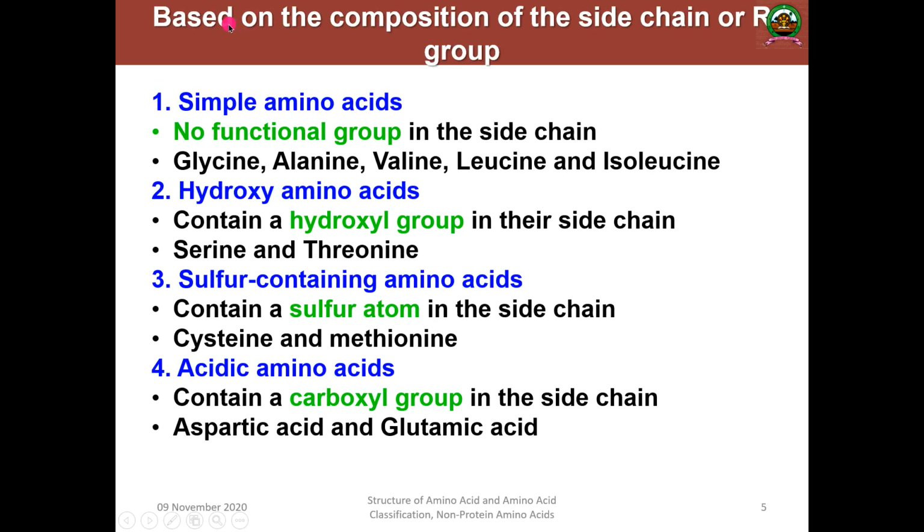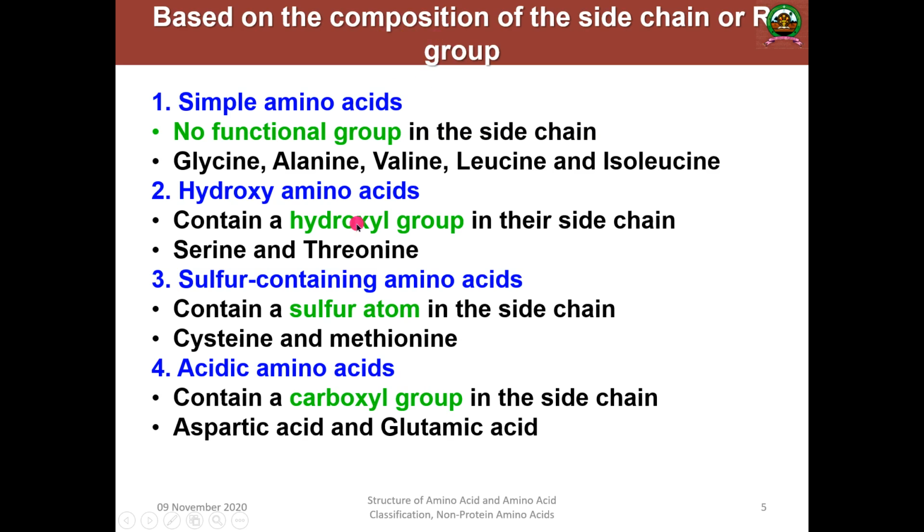The first one is the classification based on the composition of the side chain or R group. I told you the major difference among these 20 amino acids is the characteristic change in their side chain R group.